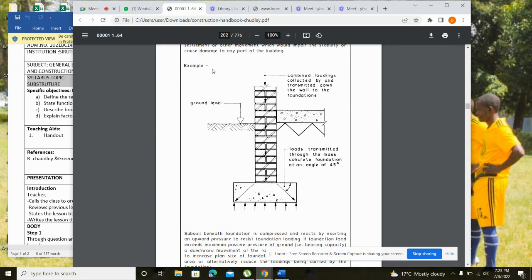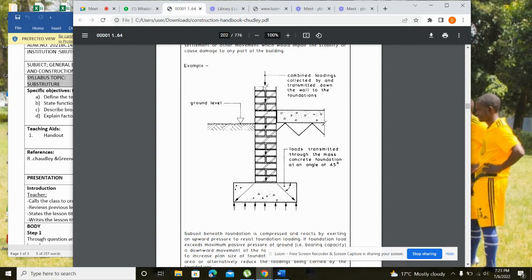That one is an example of the shallow foundation. And when I talk about the deep foundation, that means that the depth is greater than the width. For example, you have pile foundation, another one, step foundation. Correct? So those are some of the types of foundation, the broad classification of foundation.